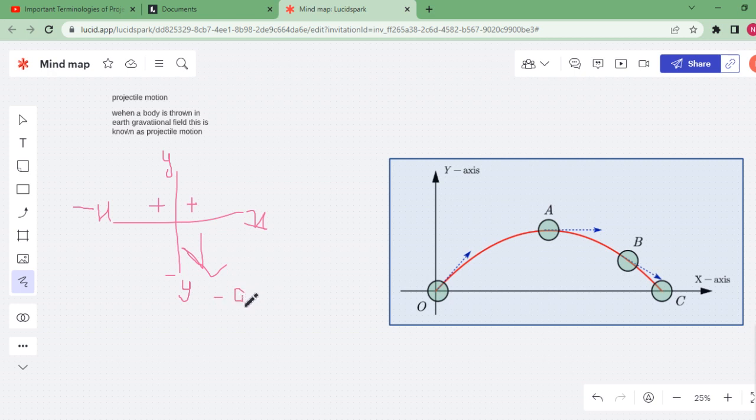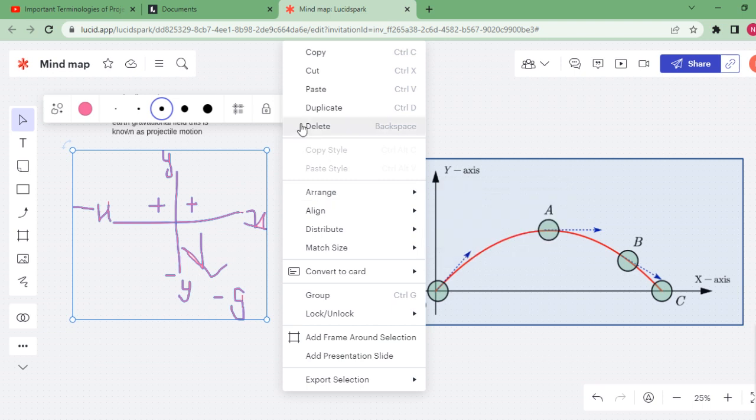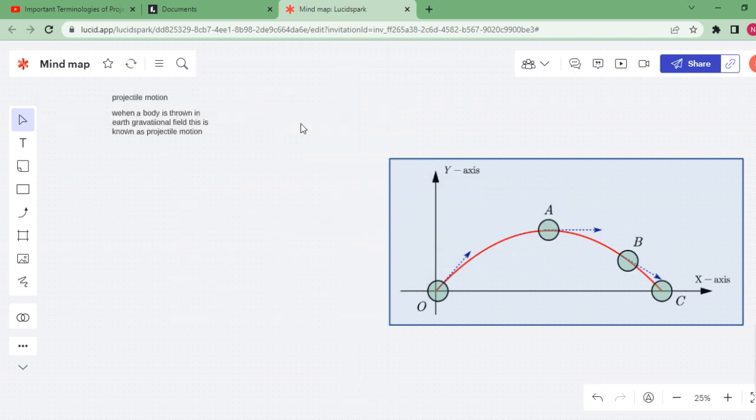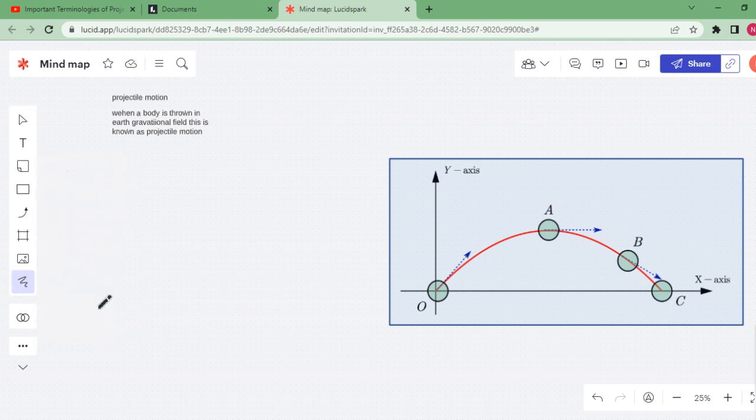Let's proceed further. For example, I have a body. Let me give you an example so that you can understand. This is a surface. Now I have projected a ball in an upward direction in a 1D motion.